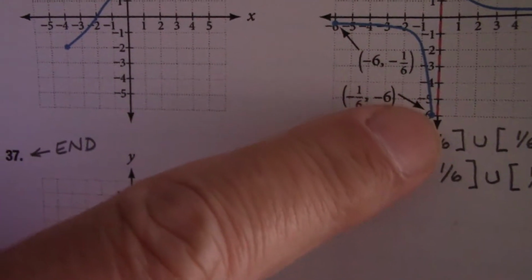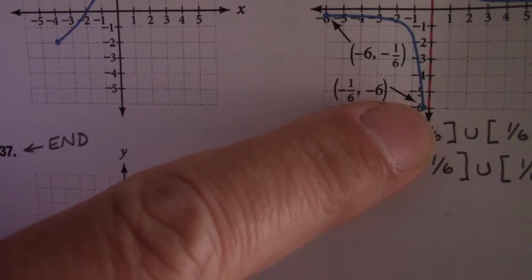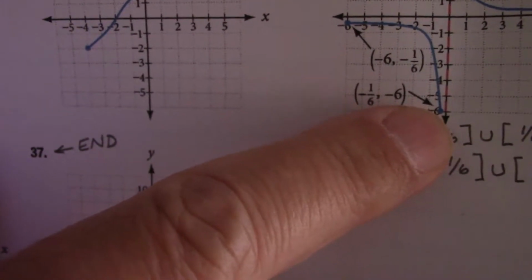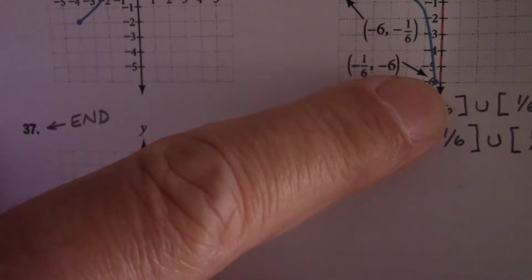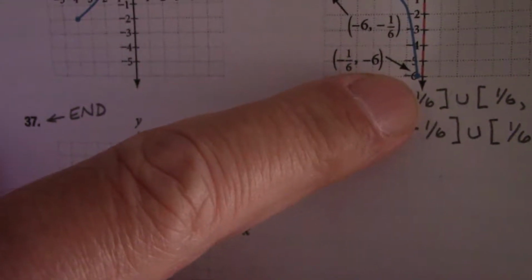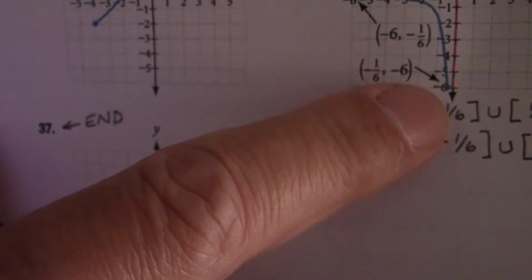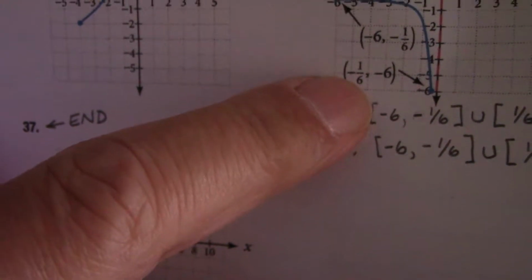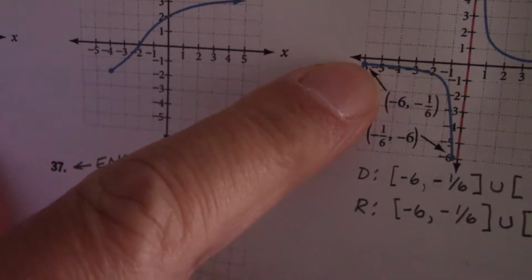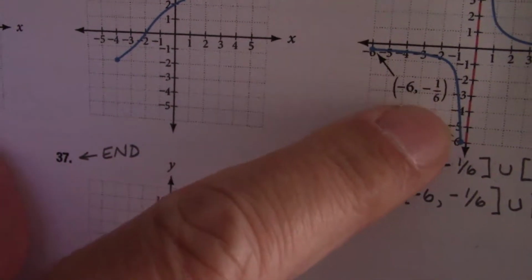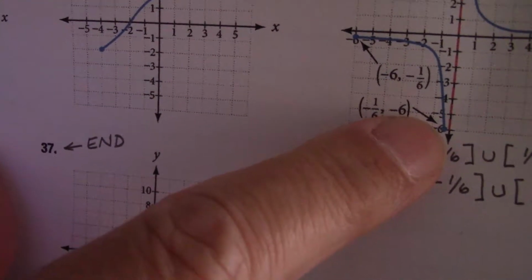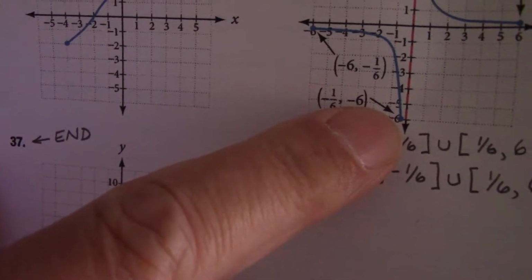It just stops right there, just shy of x equals negative 1/6. So it goes from negative 6 to negative 1/6. So this is just a piece of a rational function, not the whole thing.